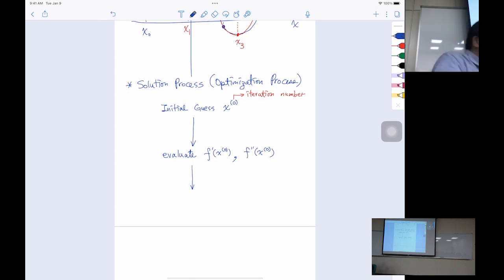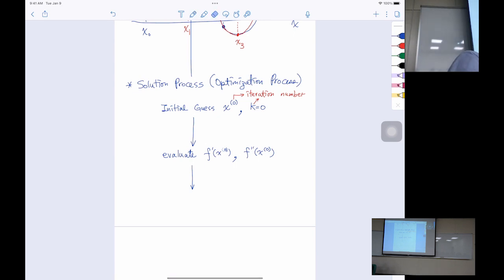Next, apply the equation you got from Newton's method. I'm sorry, I should say k equals 0 right here. So k is your iteration number, and at the beginning, k equals 0.